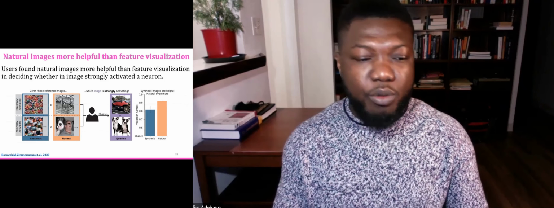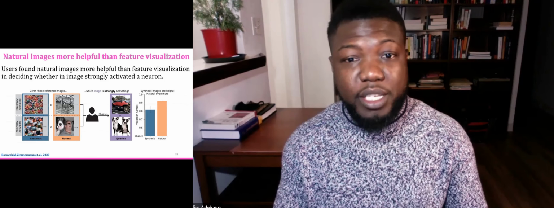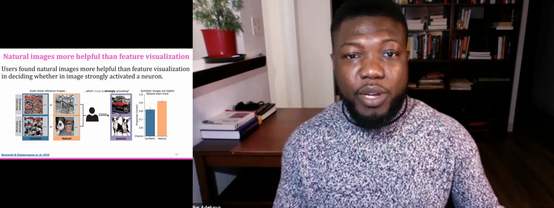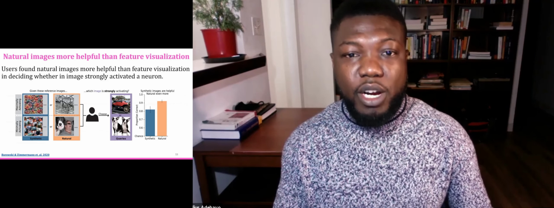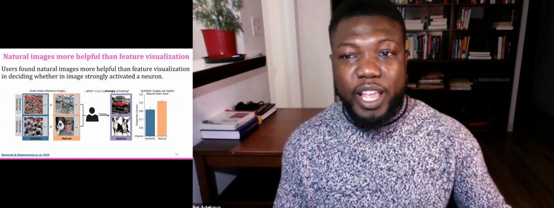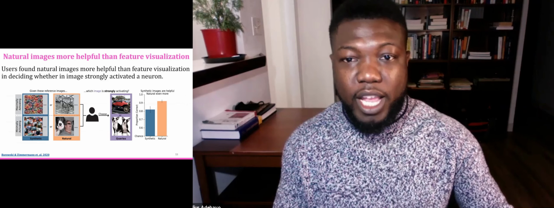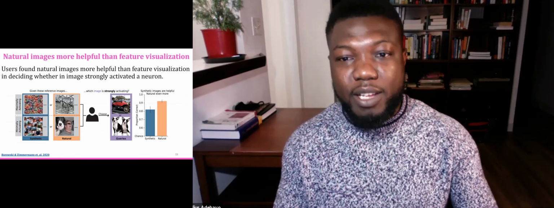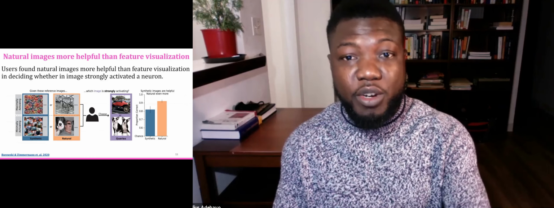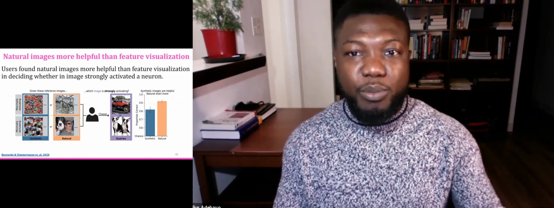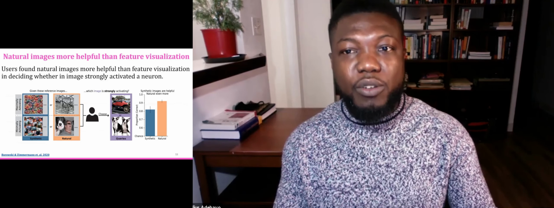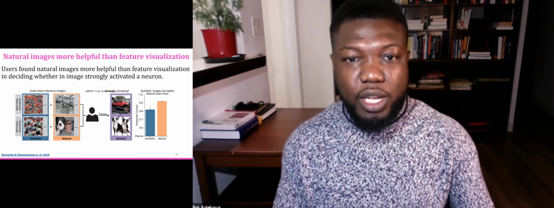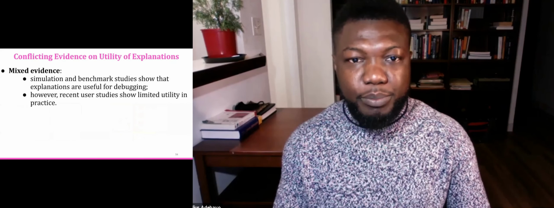More recently, in the work of Borowski and Zimmermann, they showed that natural images were more useful and helpful for end users to be able to identify which image will strongly activate a particular intermediate neuron in a deep network, as opposed to outputs of feature visualizations, which is somewhat unexpected.